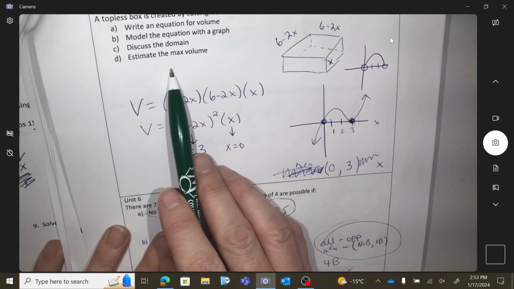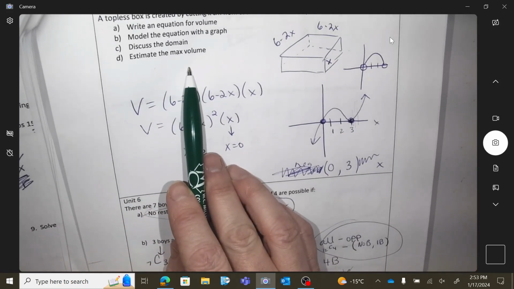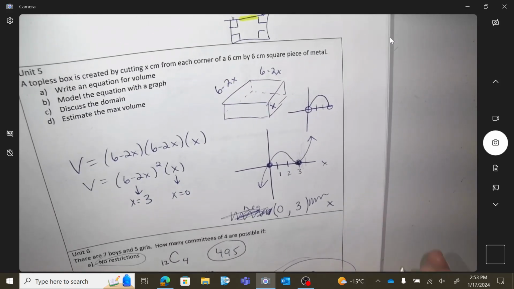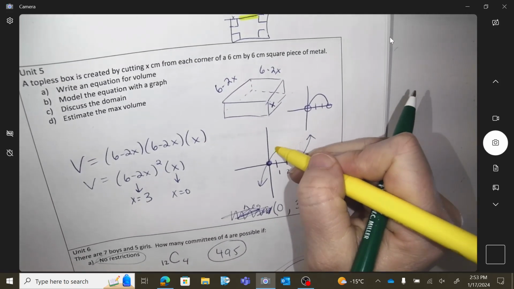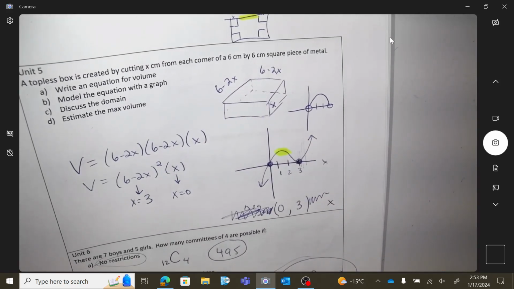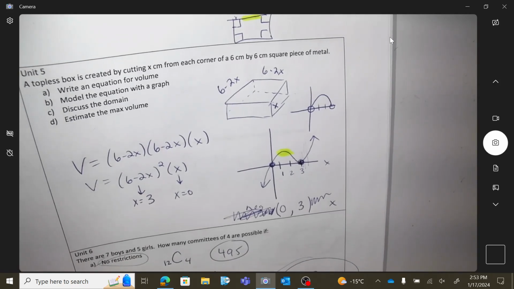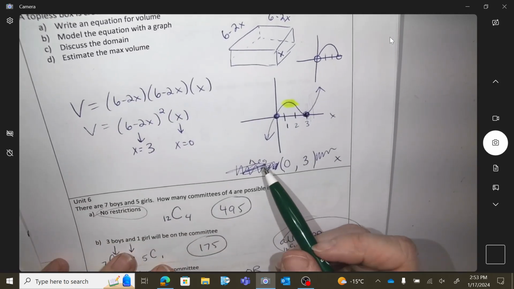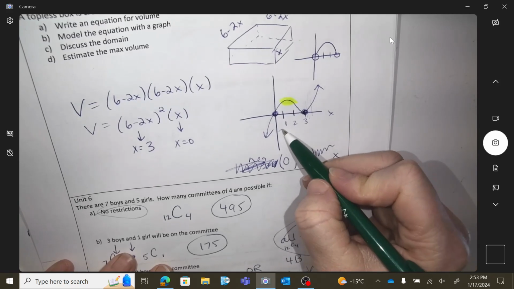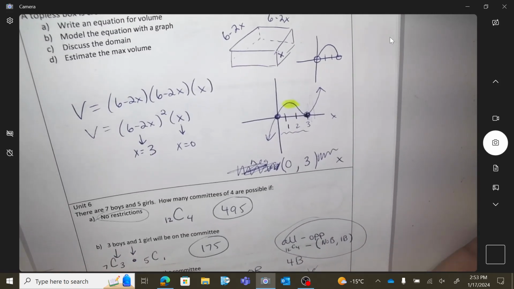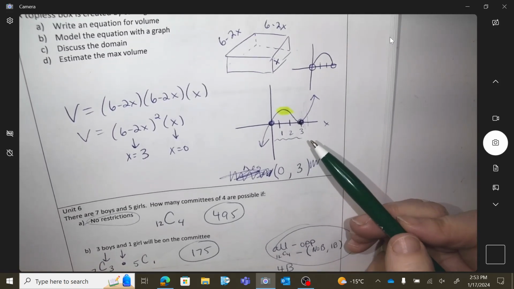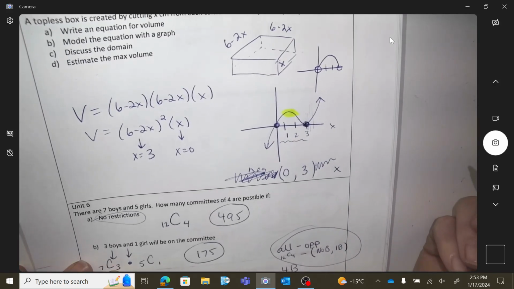And estimate the max volume. So what do I do when I'm trying to find a max? I don't know exactly where it is. It's in this zone. And I kind of use an approximation, so I just pick an x value to try. And if it's between 0 and 3 somewhere, I just say, well, what about 1.5?